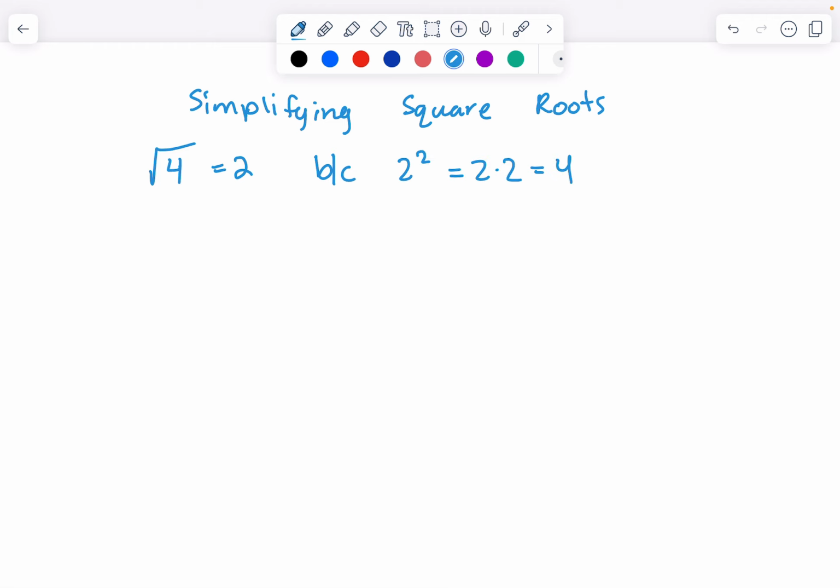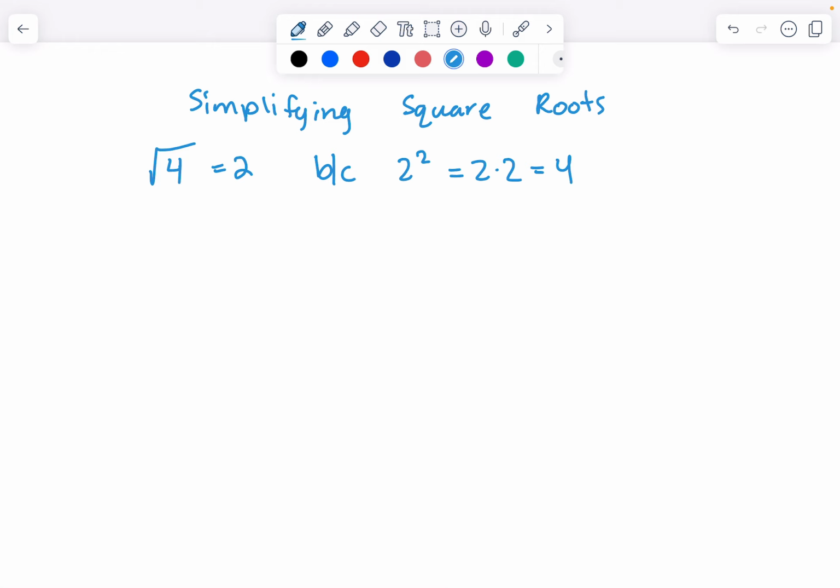So what the square root is asking is, what number multiplied by itself would give us this value? Another way of thinking about it is, what number squared would give us this value? That is the basic definition of what a square root does.